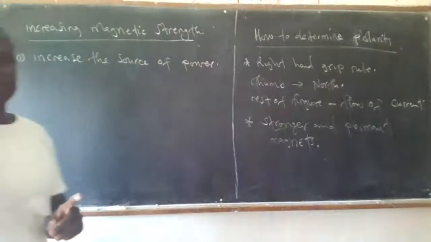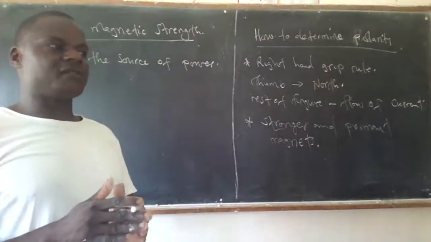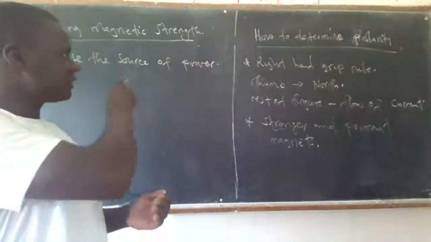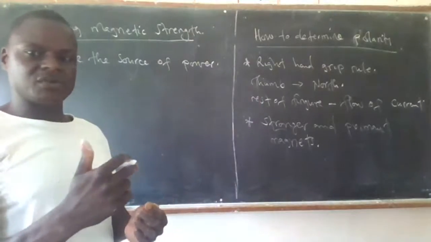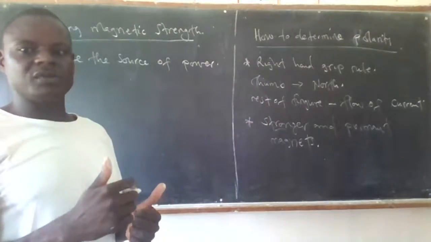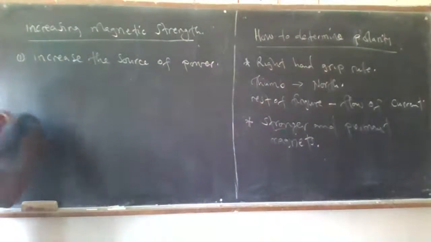If at first you were using 6 volts, the moment you have an upward increment in the power supply from 6 to 8, you find that the magnet you produce at the end of the day will be a bit stronger. So, increase the power supply.